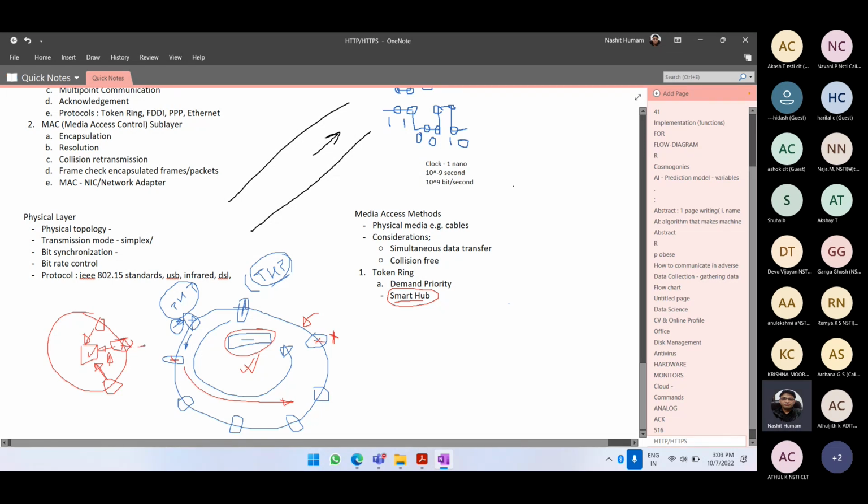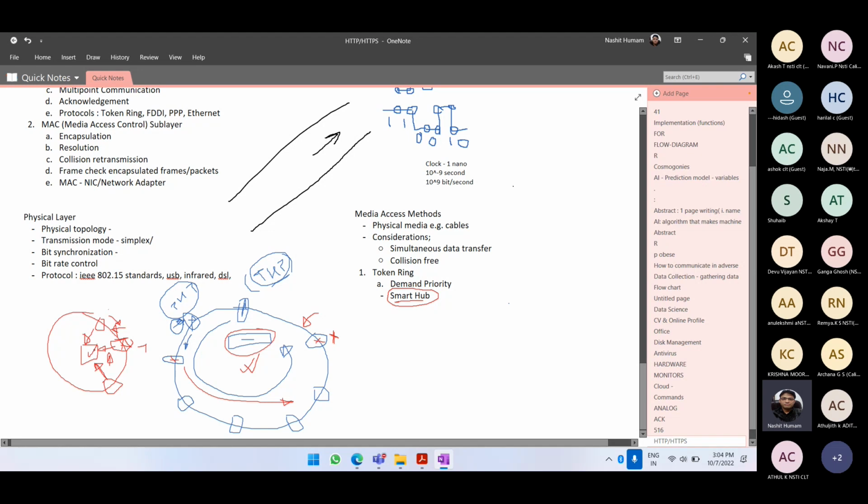Now this device will take my token and hold it back till it has put the data on the network. Once the data reaches the receiver, we get an acknowledgement, and once the acknowledgement is confirmed, the token would be put back to my smart hub.